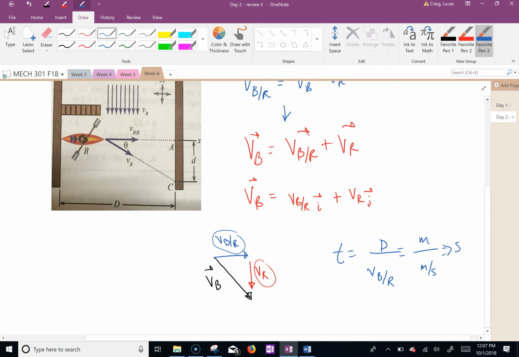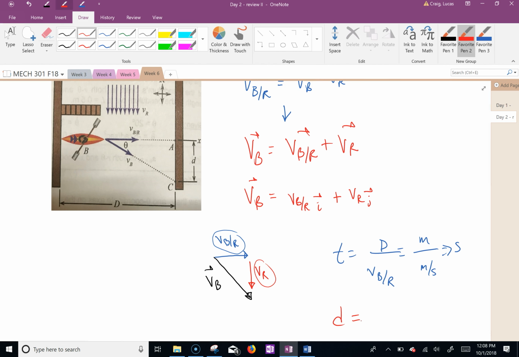Really, this is just to look at the components. We split these up into components. We can look at the velocity in the x, divide the distance by that, and that'll tell us the time. And then how would we find little d? What's the unit on that? Meters.